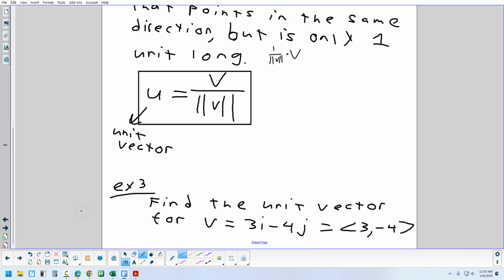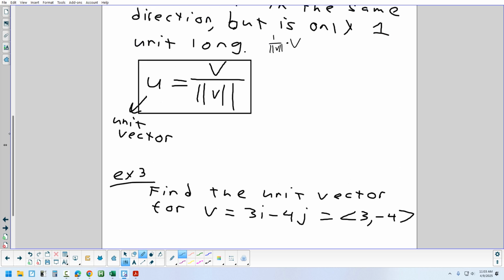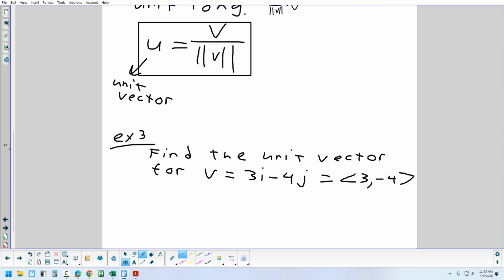Okay, so let's try this one. It says find the unit vector for the vector 3i minus 4j. All right. So what's the first thing that I need to figure out about 3i minus 4j? Yeah, let's figure out how long it is, and then we'll go from there.